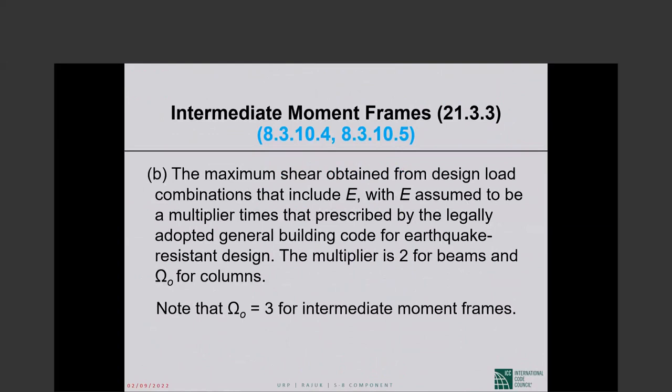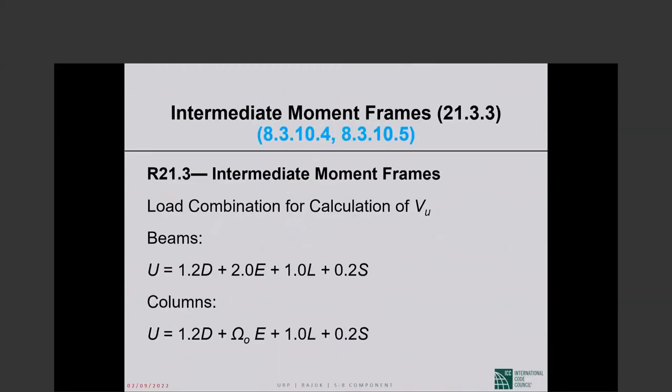For special moment frames you don't have a second choice, but for intermediate moment frames, we have another way we are allowed to go. If we don't want to calculate shear based on nominal moment strengths, we can go by item B, which says the maximum shear obtained from design load combinations that include E, with E assumed to be a multiplier times, well, I think the language is.